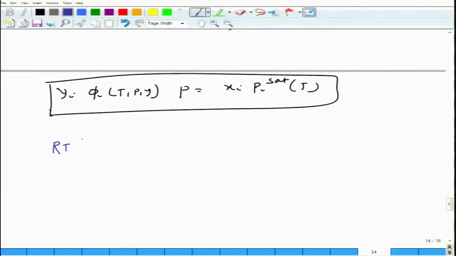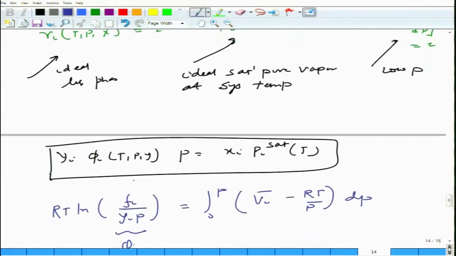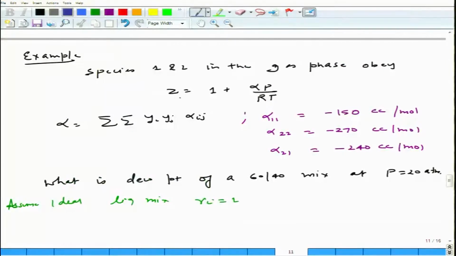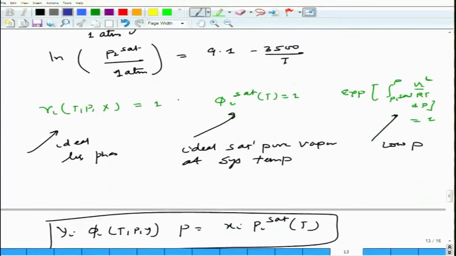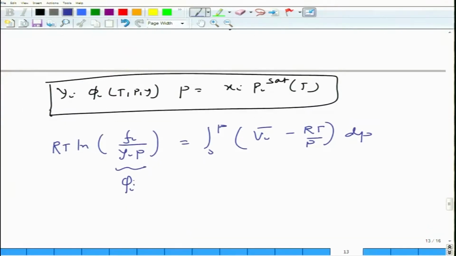Recall that RT ln phi_i, where phi_i is f_i divided by y_i P, is the integral from 0 to P of (V_i bar minus RT/P) dP. We have been given the compressibility as well. With the compressibility we can directly use it here, rearranging this term, and obtain our values. It is a little tricky because it takes time to do that.